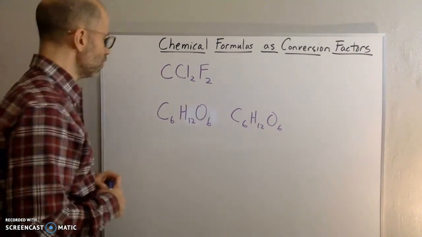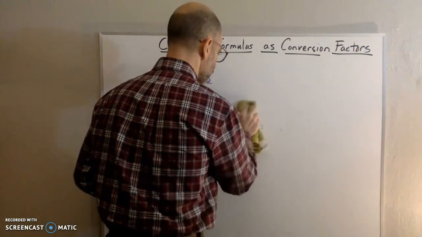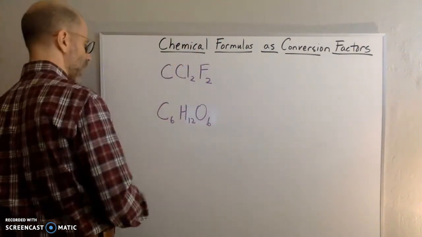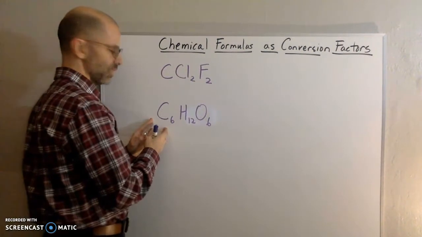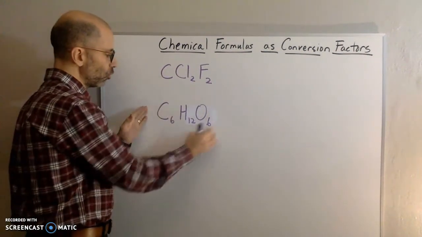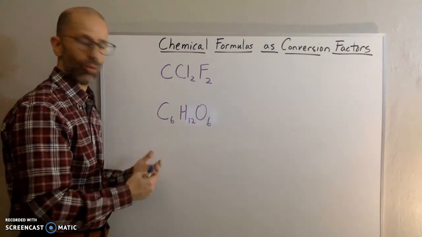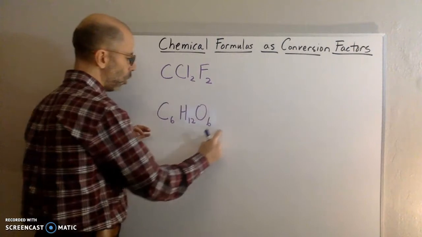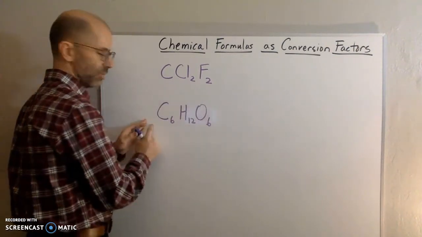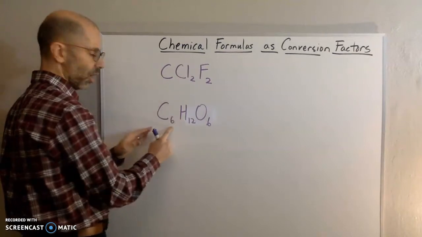moles, right? So what that means is if I assume that I have 1 mole of this substance, then the ratio from whole to part also applies to the number of moles. So if I have 1 mole of this substance, then I have 6 moles of carbon.